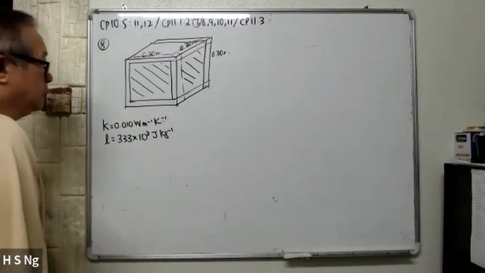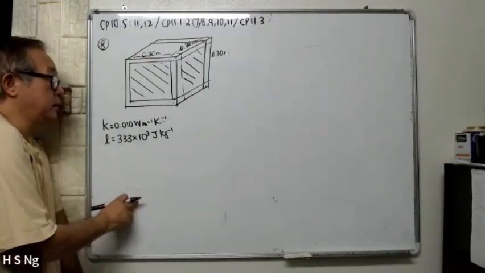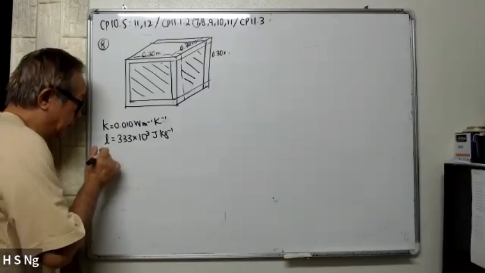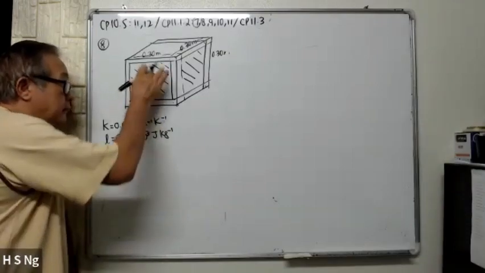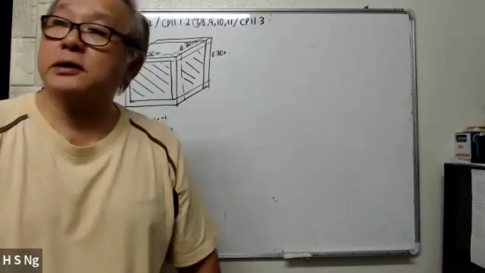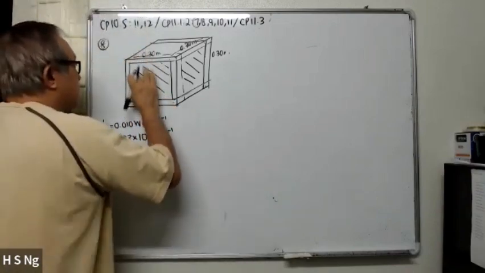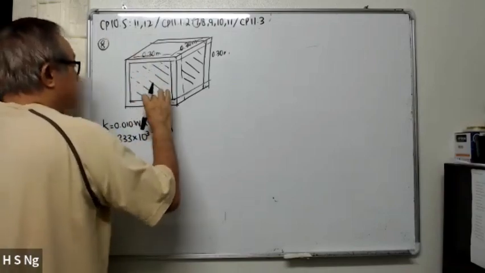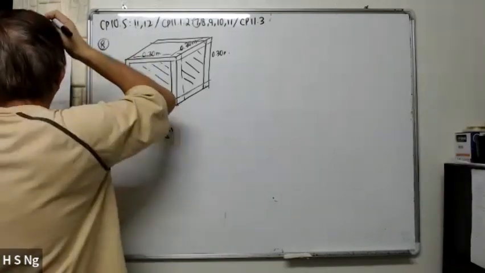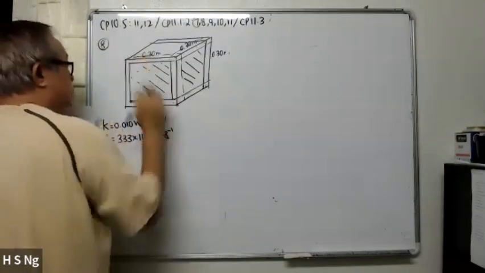Now, the effective area. A cube has 6 sides. The effective area here has 2 centimeter, 2 centimeter.